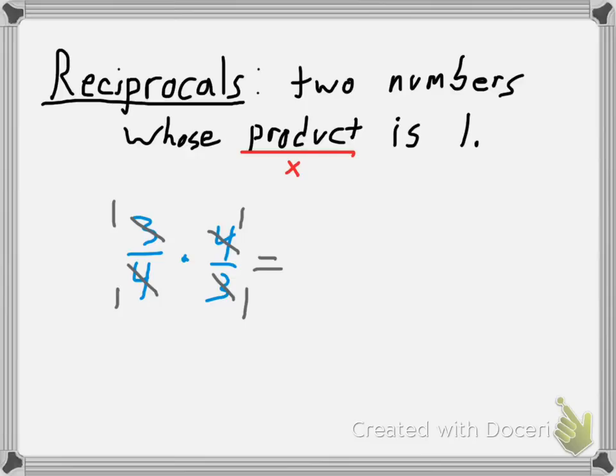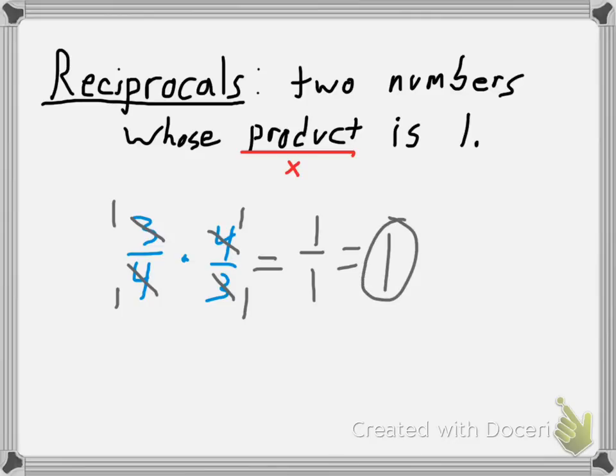I multiply straight across. 1 times 1 for my numerator is 1. 1 times 1 for my denominator is 1. 1 over 1 is just 1. So reciprocal of 3/4 is 4/3. Because again, when multiplied together, they equal 1.